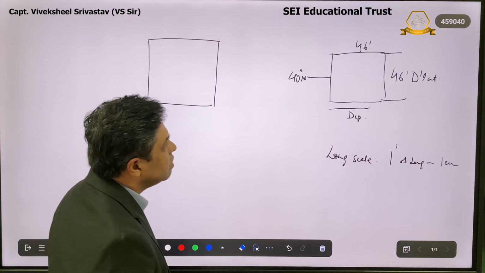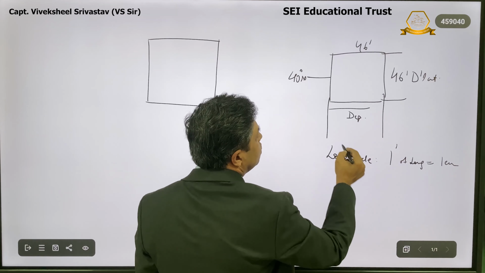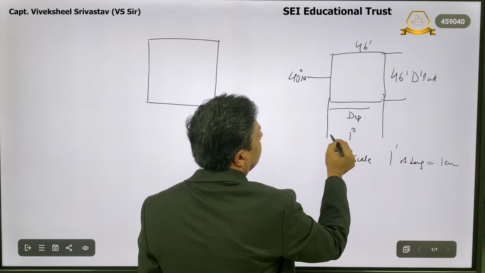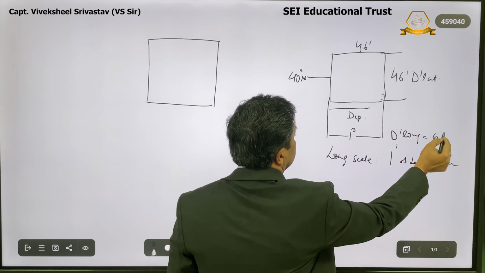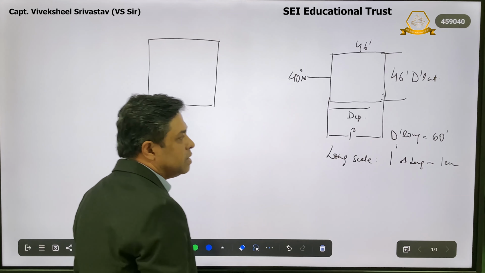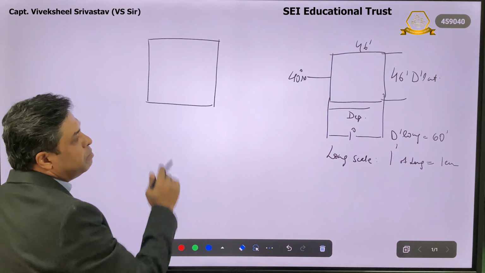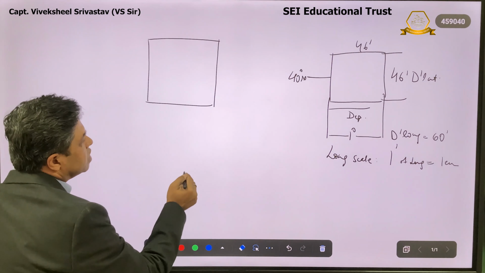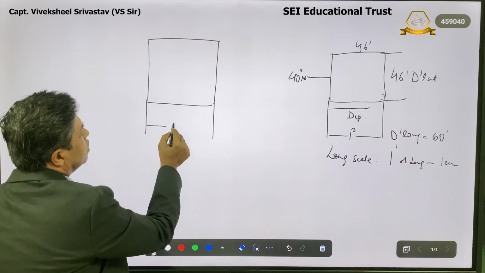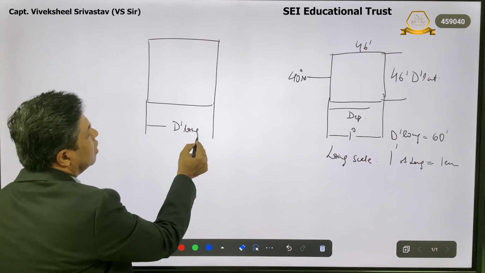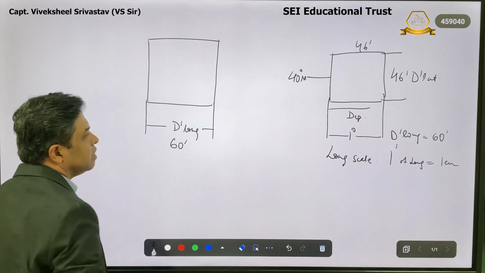The d long between these two meridians was 1 degree, so d long was 60 minutes. When we made the meridians parallel, the d long is of course the same all throughout, so d long was still 60 minutes.